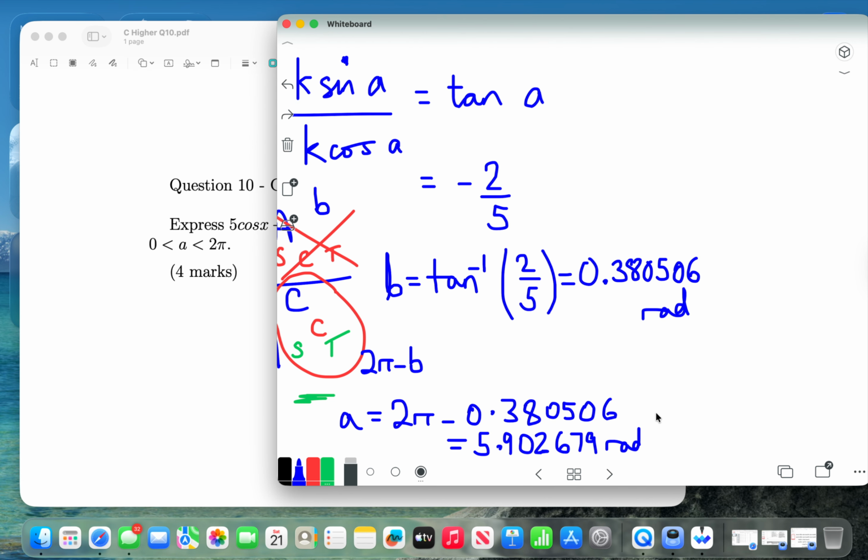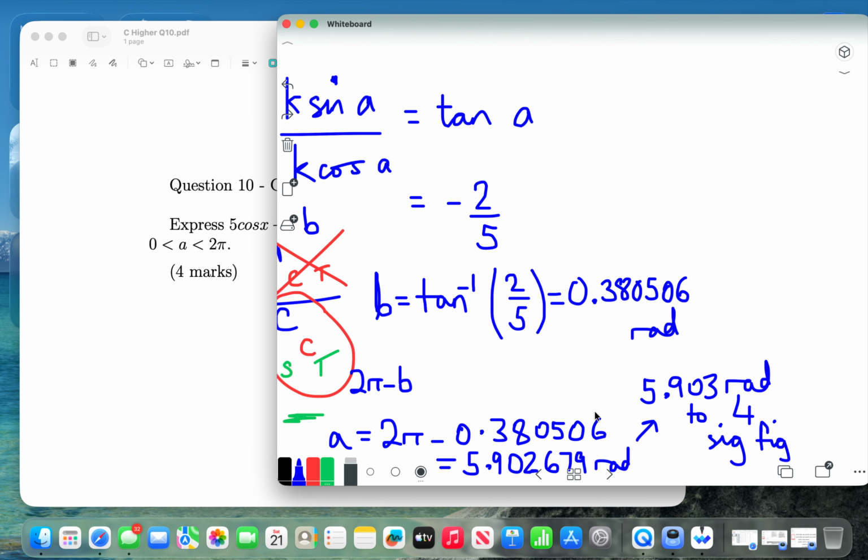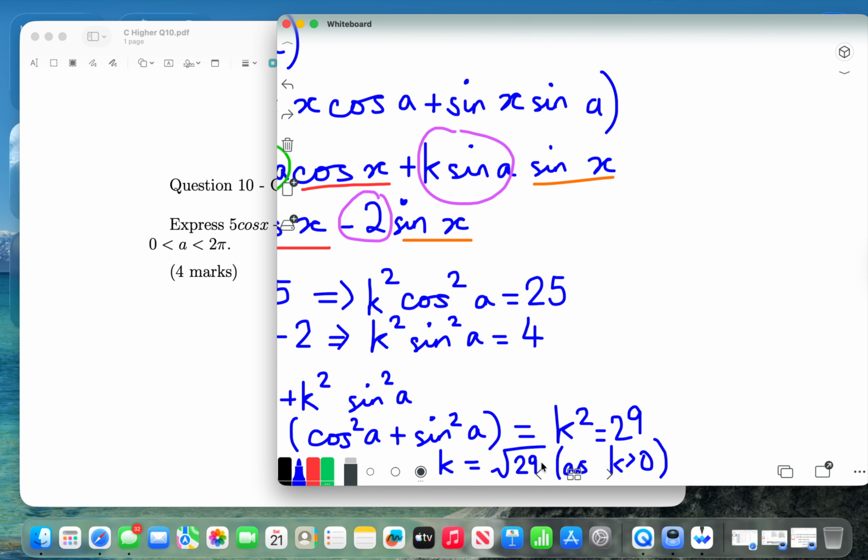I'm going to round this to 4 significant figures. We're not told about any rounding that we have to do. So we have the value of a and we have the value of k.